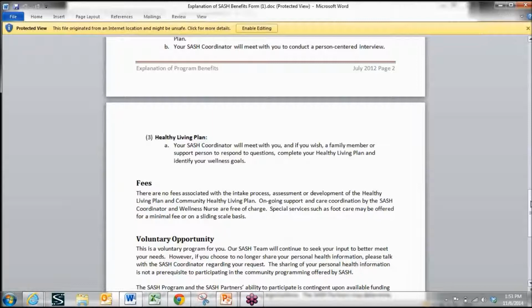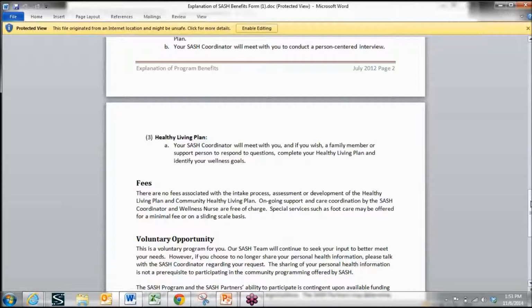The next section says fees, and it's giving you an opportunity to make sure they understand that there's no cost to them participating in SASH. The assessment, the ongoing support from the team, the check-ins by the wellness nurse, no cost for that.